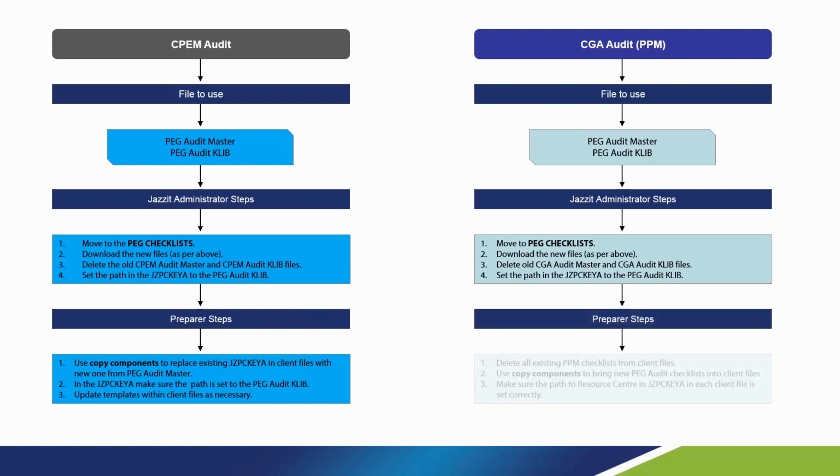The preparer would need to delete all existing PPM checklists from the client file and use copy components to bring in the new PEG audit checklists, including the JZPC key A control document from the PEG Audit Master. They need to make sure that the path in the JZPC key A control document is set to the Resource Center.